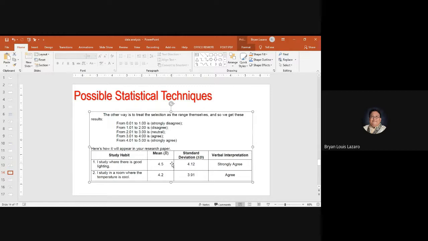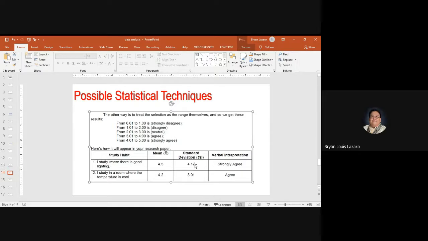Sir, ano po yun? Sino ang mas mababa? Si mean po. Look at it, item number 1. Ay, si standard deviation po pala. Okay, si standard deviation.